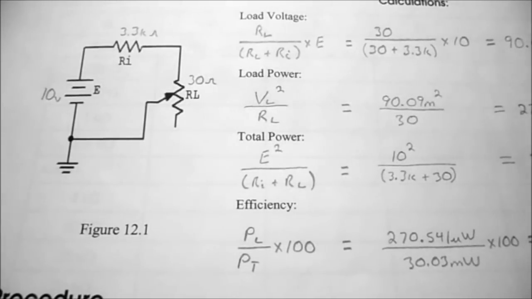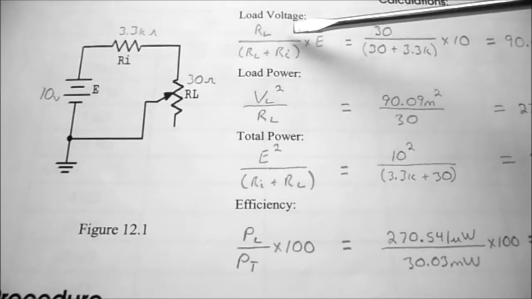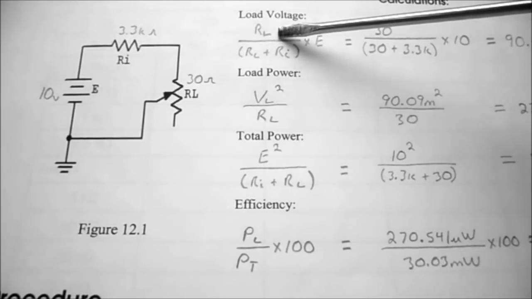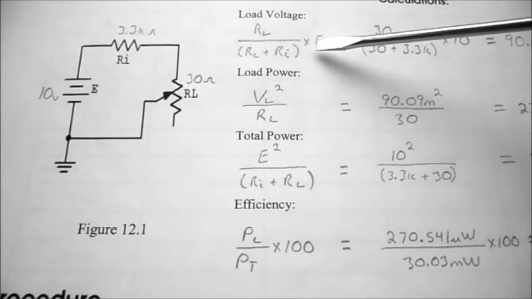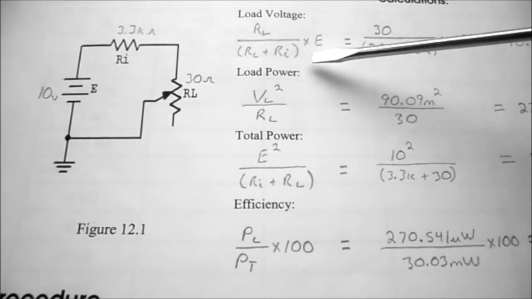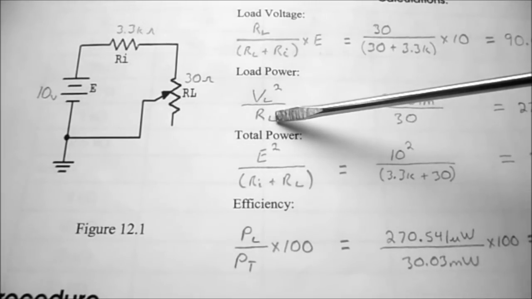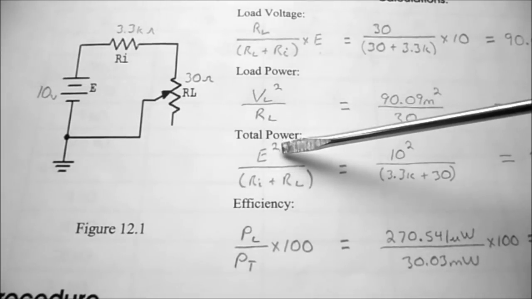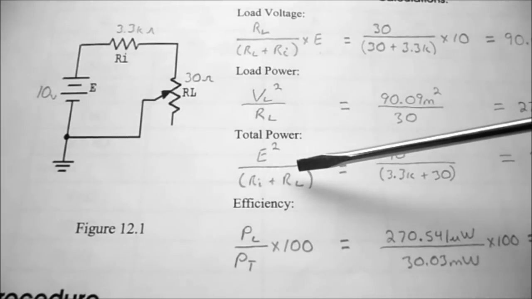So from procedure step number 1, we can see that our load voltage is going to be equal to RL over RL plus RI times our applied voltage. Our load power is equal to VL squared divided by RL. Total power is equal to E squared divided by RI plus RL.